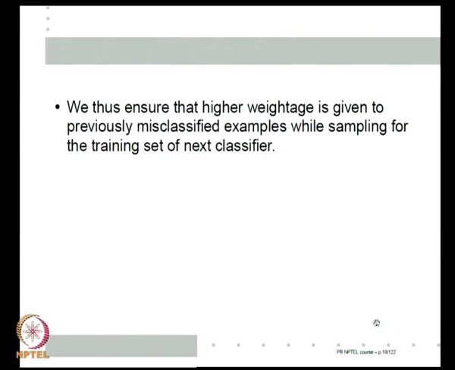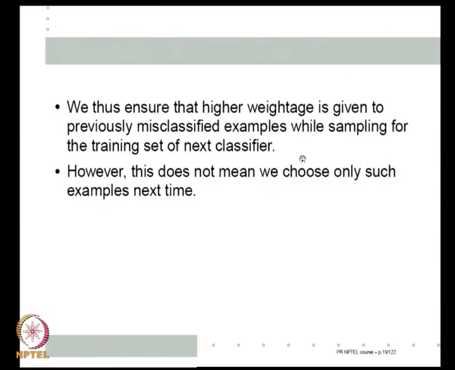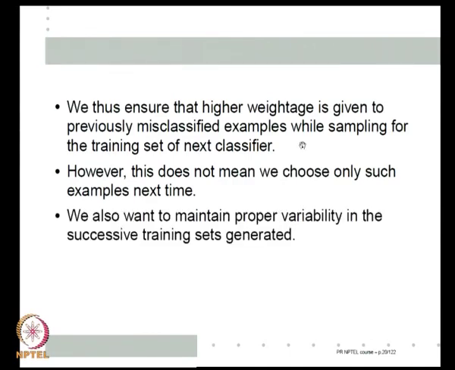So, we ensure higher weight is given to previously misclassified examples, essentially that is the whole idea of generating successive training sets. However, we do not want only misclassified examples, we already looked at it when we considered general boosting. That does not give me enough variation in the training set. So, it is not that we can just arbitrarily increase the weightage or sample only from the misclassified examples for the next iteration.